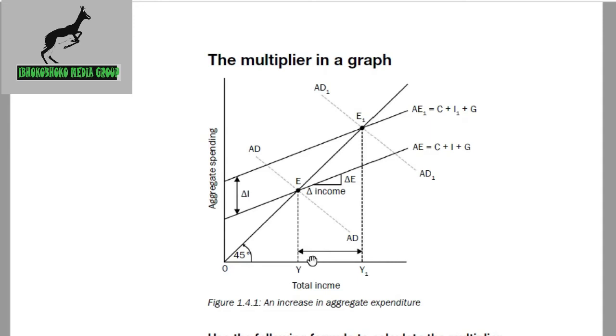So that is the multiplier. As a result of the multiplier, this small investment added has caused this big change in the level of income, shifting our demand from AE to AE1. Since our income now is here, our aggregate spending is here.